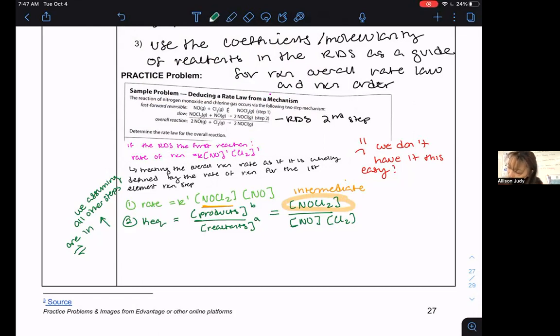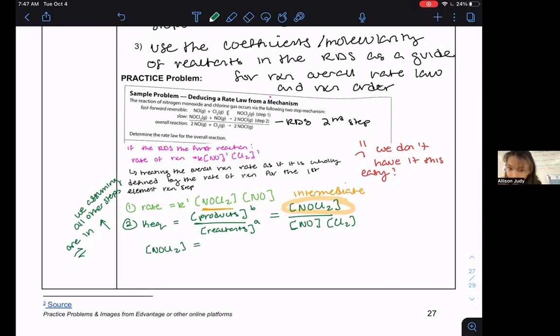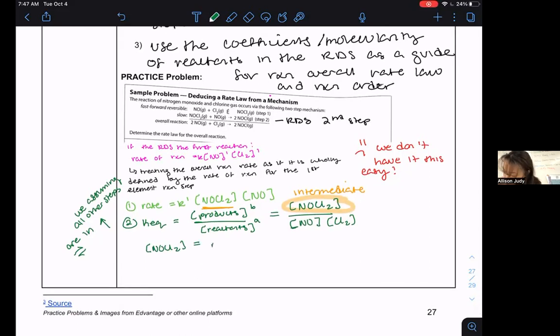When we rearrange, the concentration of NOCl2 is equal to KEQ, the capital equilibrium constant, times the concentration of NO and Cl2.